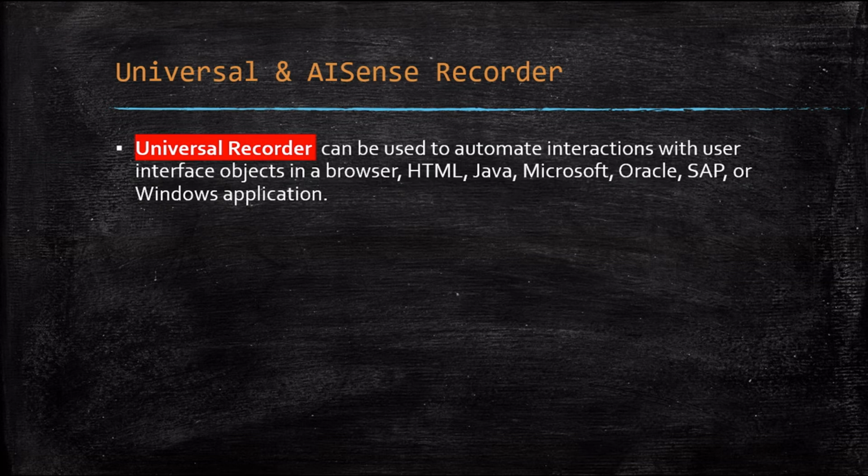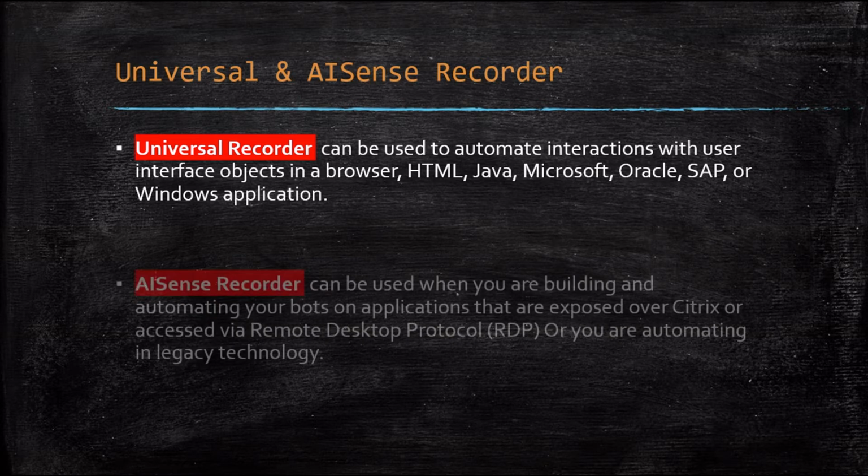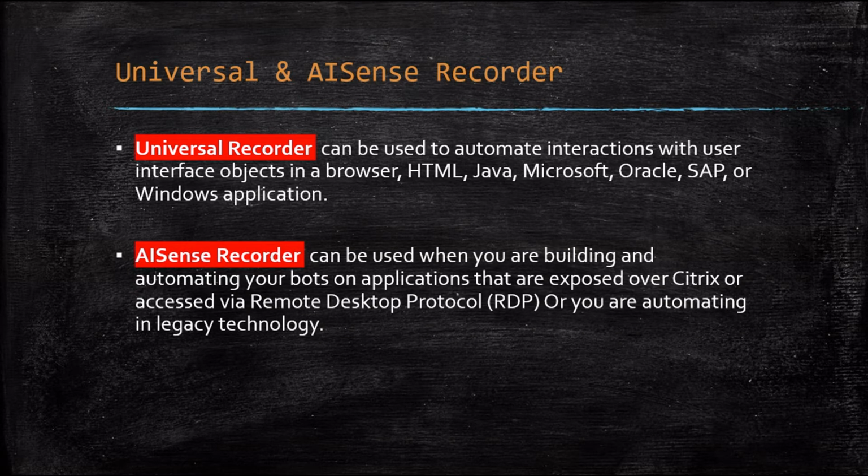So universal recorder can be used to automate interactions with user interface objects in a browser like HTML, Java, Microsoft, or Windows applications. It interacts with a UI element. And AI Sense can be used when you are building and automating your bot on applications that are exposed over Citrix or RDP, or you're automating in a legacy technology like Delphi.